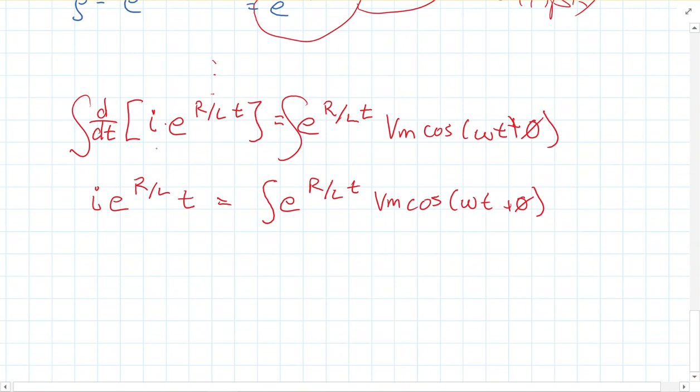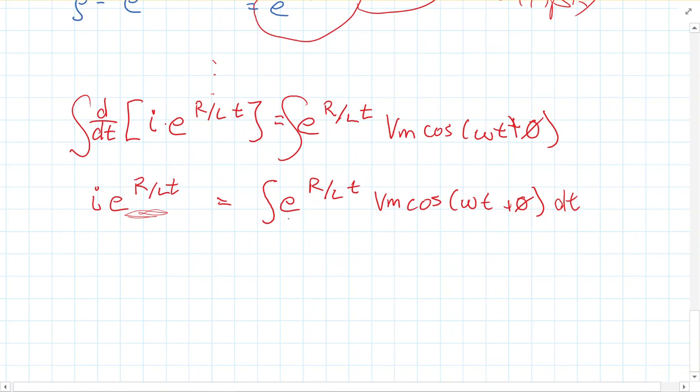And whoops, this t looks like it's in the wrong spot there. That should be up in the exponent. What's nice is that I is what I'm trying to solve for. I'm trying to find the current. So once I do this integral on the right-hand side, and I should put dt here, I would simply divide by this term and I'd have what I is.